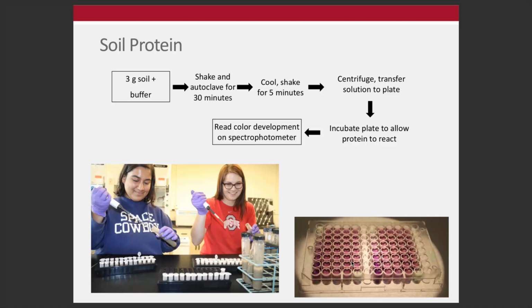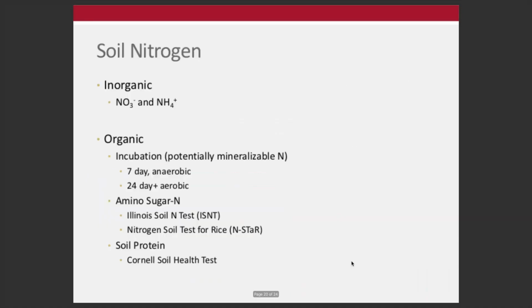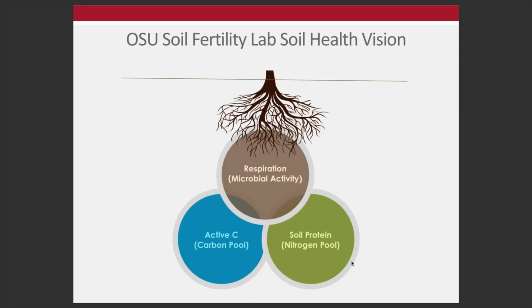But the long-term goal is that we're going to be able to develop a good soil nitrogen test. This is kind of a holy grail in soil science, particularly in agronomy, just trying to find a good nitrogen test. So again, these three together, respiration, active carbon, and soil nitrogen, come together to form complementary but not redundant tests or indicators.